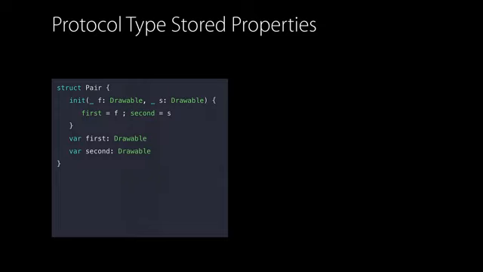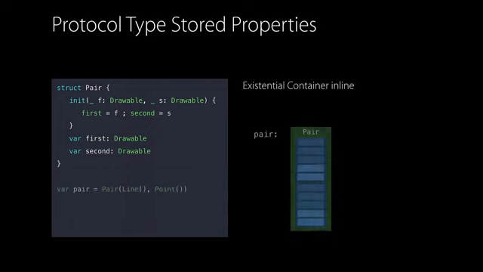Now, how does Swift store those two stored properties? Well, inline of the enclosing struct. So when we allocate a pair, Swift will store the two existential containers necessary for the storage of that pair inline of the enclosing struct.